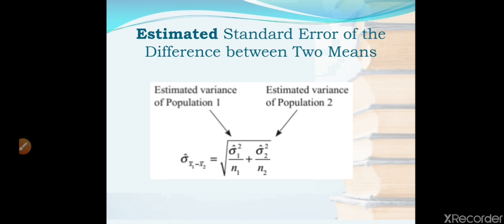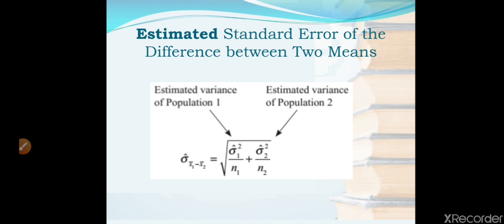If the two population standard deviations are not known, then we can estimate the standard error of the difference between two means by taking samples. We can use the same method of estimating the standard error that we used before, by letting the sample standard deviation estimate the population standard deviation. So we take the point estimate.